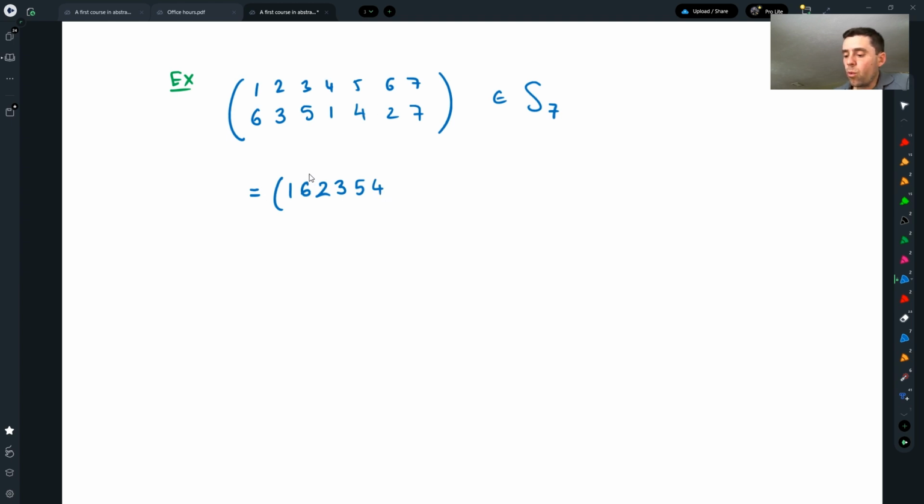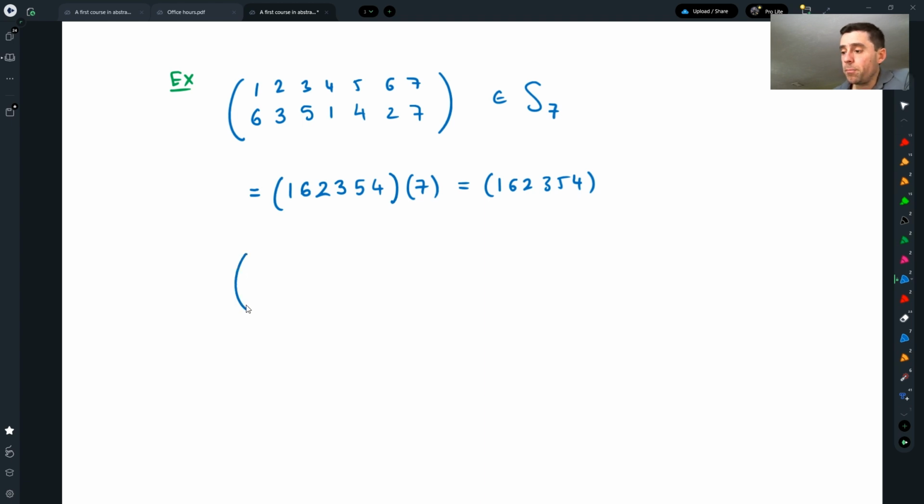And 4 goes to 1. And since that's where I started, I close the cycle. What am I missing? I have 6 numbers here, so I have to see where 7 goes. And 7 goes to itself, so it's a little cycle by itself, which again, in this compact notation, we do not write down. So this is the cycle (1, 6, 2, 3, 5, 4) in S7.